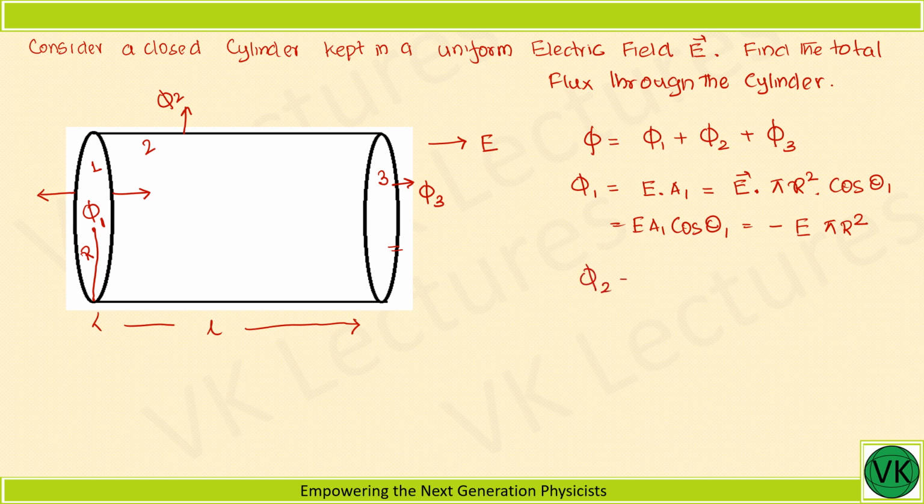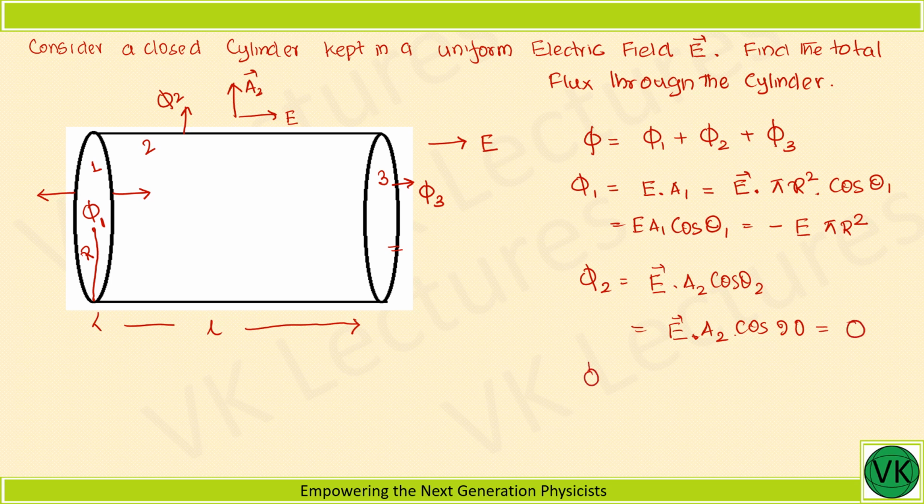Similarly, let's take phi 2, which is the curved surface area. So phi 2 will be equal to E dot A2, that is E A2 cos theta 2. Now E is in this direction and the area vector A2 is perpendicular to it, so the angle is 90 degrees, cos 90 becomes 0.